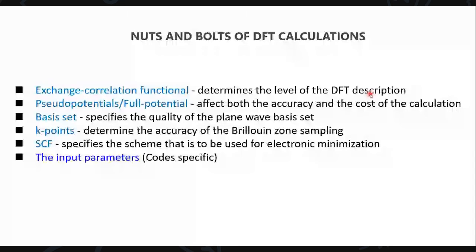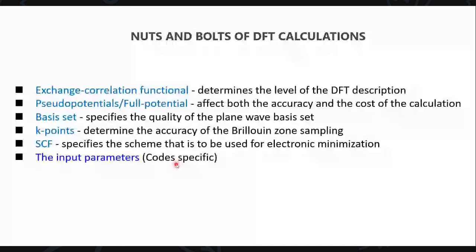And then there is the choice of pseudopotential or full potential, and they affect both the accuracy and the cost of the calculation. Basis set is an important parameter; one should specify the quality of the plane wave basis set. K points are also something one should know about, as they determine the accuracy of the Brillouin zone sampling. And then there is SCF that specifies the scheme to be used for the electronic minimization. And then there are the input parameters that are code specific. Different codes have different input parameters, so one should know about that.